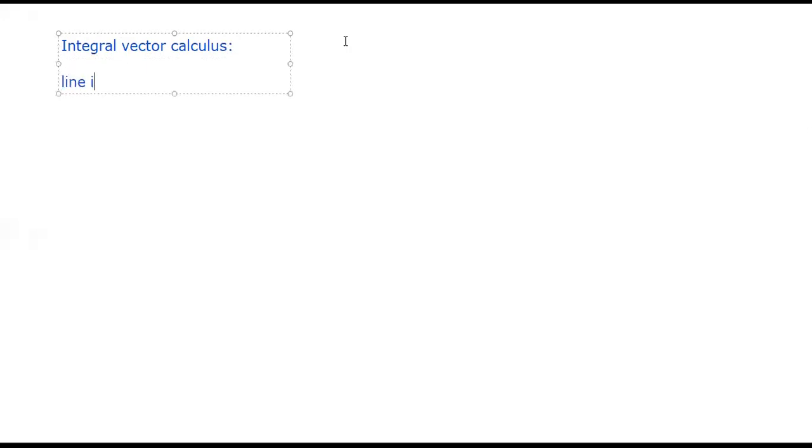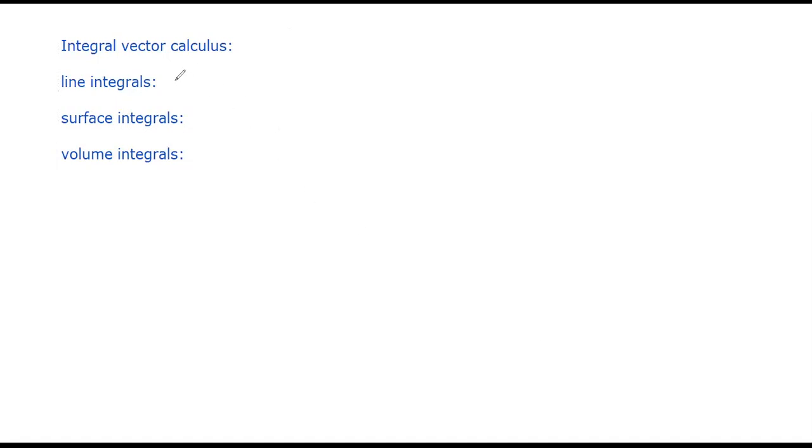We could have line integrals. We could have surface integrals. And we could have volume integrals. And what we've done is, for two of these, written down what are the properties of the thing that we need, the differential element, and secondly, what sort of interesting integrals could we write down with this stuff?